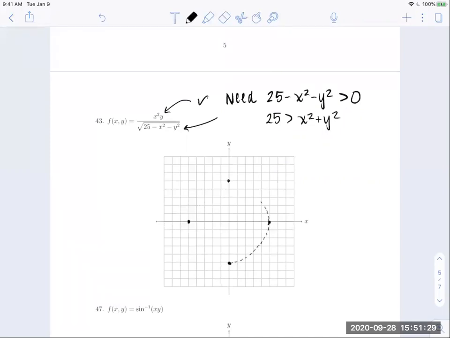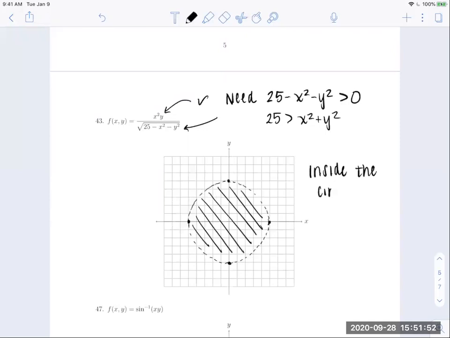And I want to include all points whose radius is less than 5 away from the origin. So that means I'm going to shade inside the circle and not outside the circle because I want to be less than 25. All right, so in words, I want to be inside the circle of radius 5 centered at the origin.